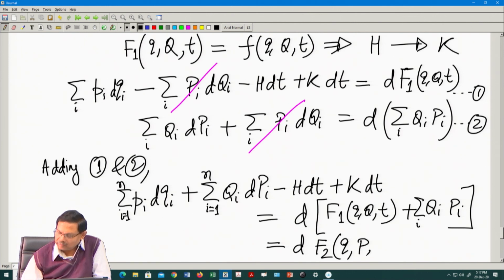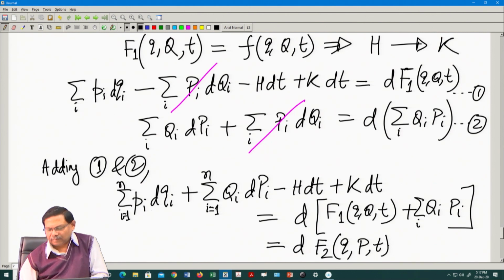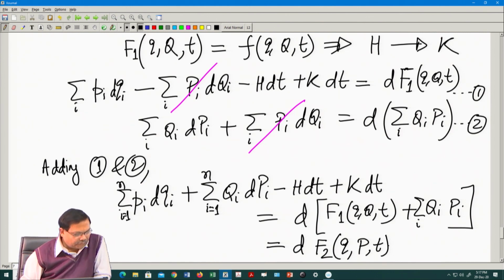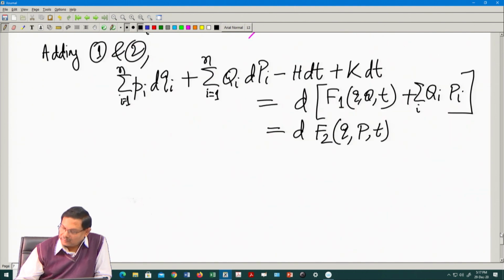So, it would be the second kind of generating function. Okay. So, we have this equation.